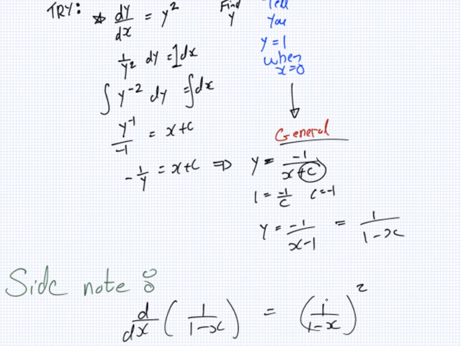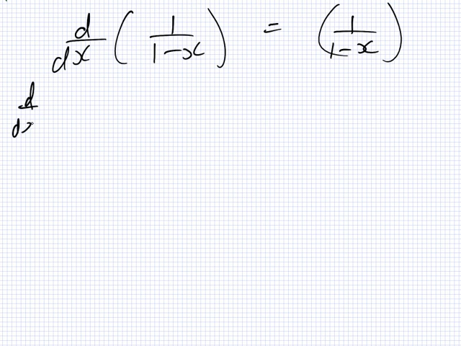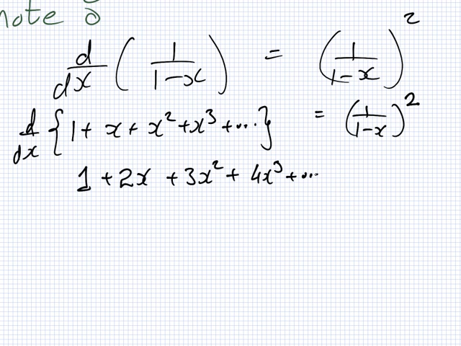But let's have a look at something else that's interesting. We know another formula for 1 over 1 minus x. It's 1 plus x plus x squared plus x cubed, etc. Taking the derivative, that's equal to 1 over (1 minus x) squared. The derivative here is 1, that's a 0, 1 plus 2x plus 3x squared plus 4x cubed, and you can kind of see what's happening, that's equal to 1 over (1 minus x) squared.